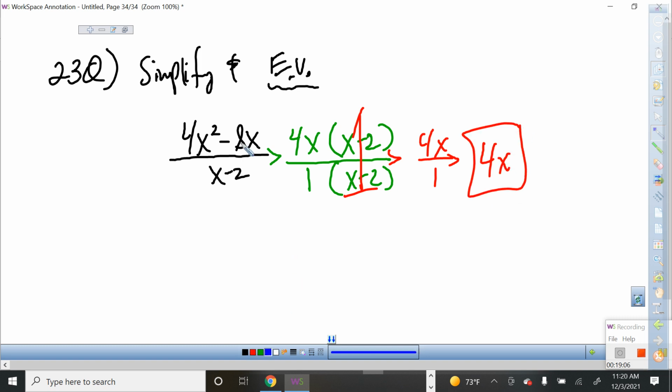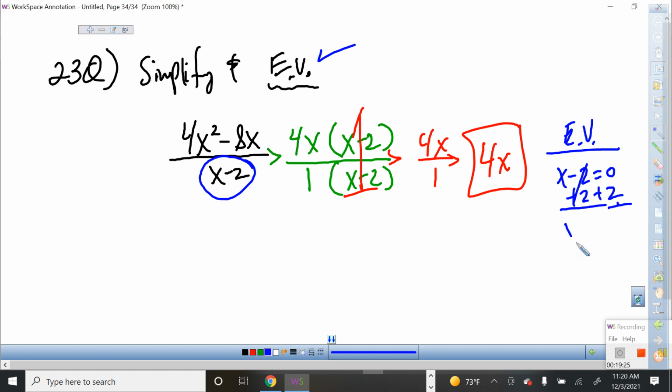No, that was just what? Simplify. Now I need to find what? Excluded value. What do we do for excluded value, Mr. Q? We always go with the denominator and write it equal to 0 and solve. So plus 2, x equals 2.